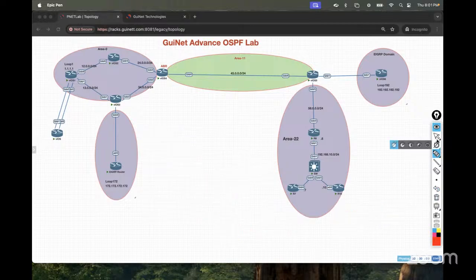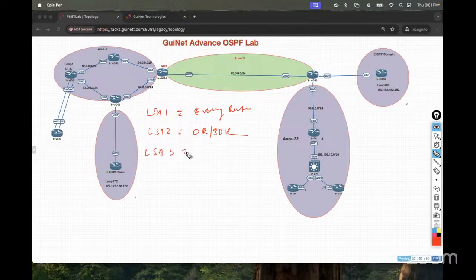So we have a total of 11 LSAs. Let me quickly summarize all the LSAs so you can understand them one by one again. LSA 1 is generated by every router. LSA 2, in case you have a DR, BDR, is generated by the DR. LSA 3 is generated by the ABR.